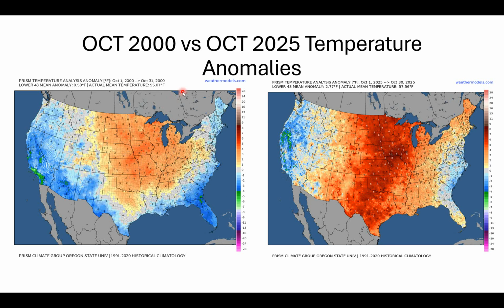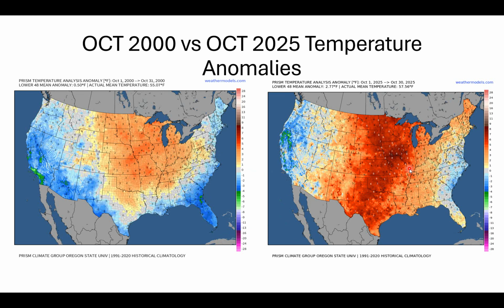We look at October of 2000 here on the left, showing below normal temperature anomalies into the western U.S., above normal temperature anomalies across the central U.S. to the Midwest, and then below normal temperature anomalies along the southeastern coast up towards the coastal sections of the mid-Atlantic. And I'll tell you, this similarity here for October is not that far off.